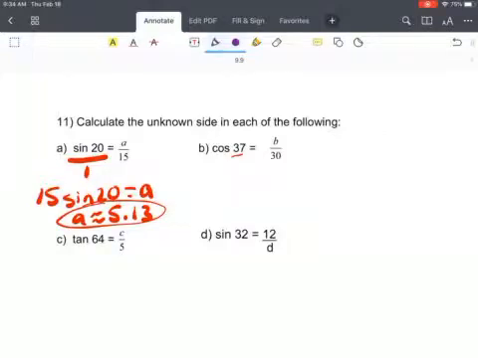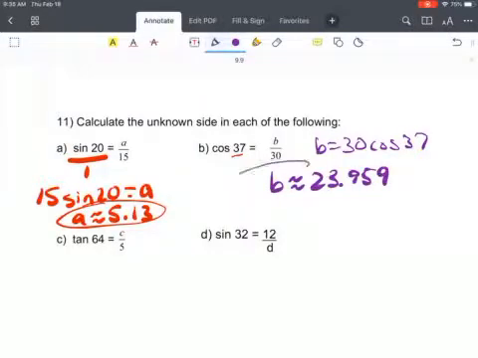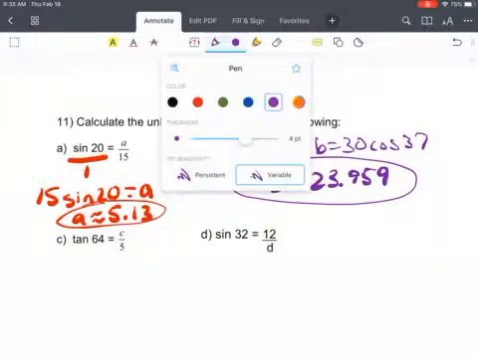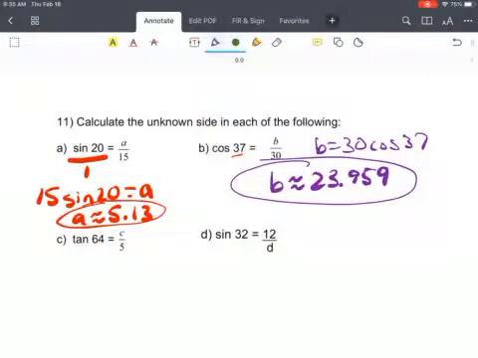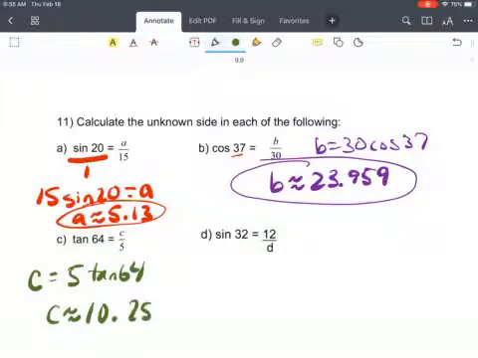For B, cross multiply, and we'll get B is equal to 30 times cosine of 37. To 3 decimal places, B is about 23.959. Go ahead and pause and see if you can solve for C and D. So C was going to equal 5 times tangent of 64, which is about 10.252.